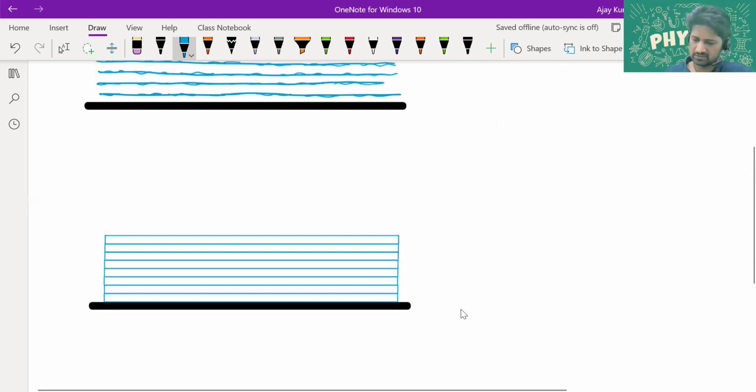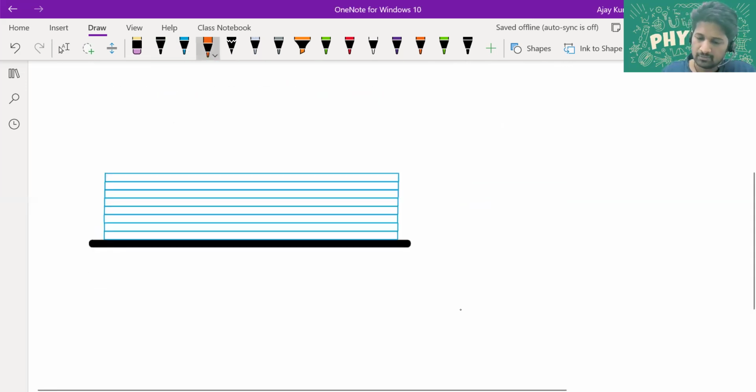You can even visualize it like this. Each layer must have a common velocity. All the molecules belonging to a certain layer must have a common velocity. That is when you call it as laminar flow. So each layer is like one set of molecules. It moves together. Next layer moves together. Third layer moves together. But layer to layer, the velocity can change.